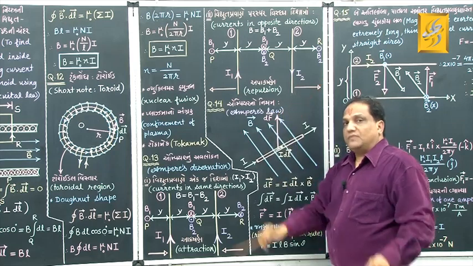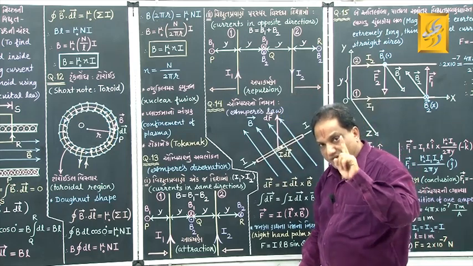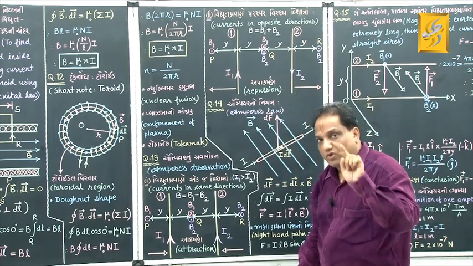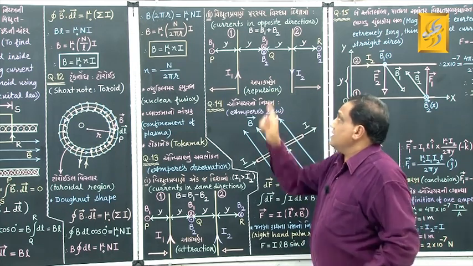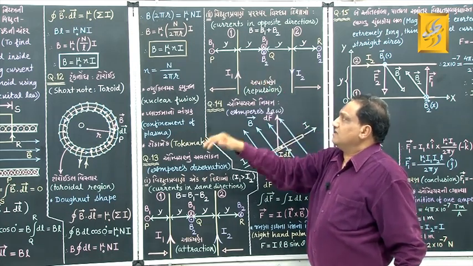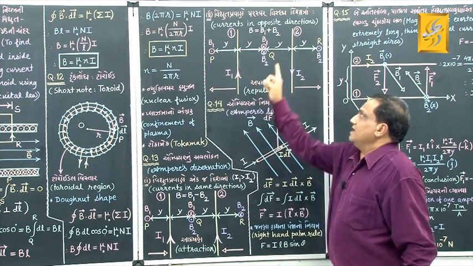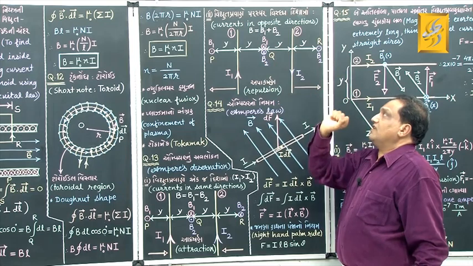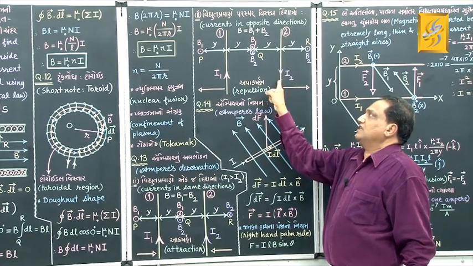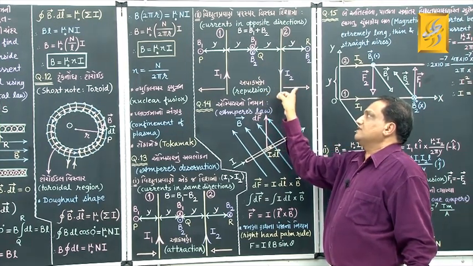And I told you magnetic force will be exerted on the current carrying wire in a direction from stronger to weaker magnetic field. Here the magnetic field is stronger, here it is weaker. So the magnetic force exerted on the first wire will be like this, correct? Here there is a stronger magnetic field, here there is a weaker magnetic field. The magnetic force exerted on the second wire will be like this, correct?